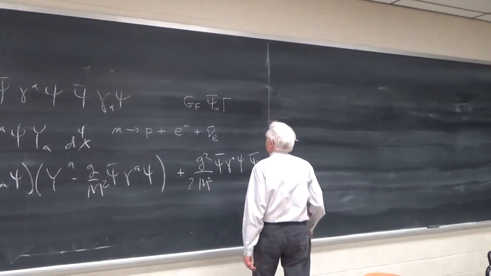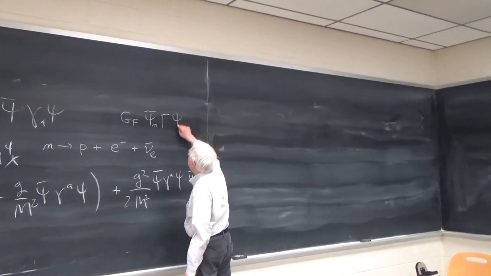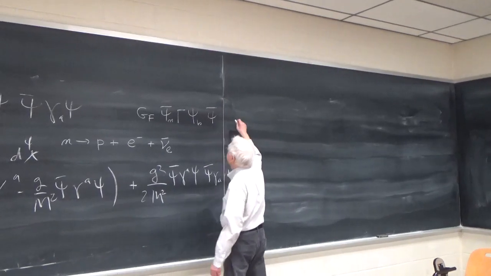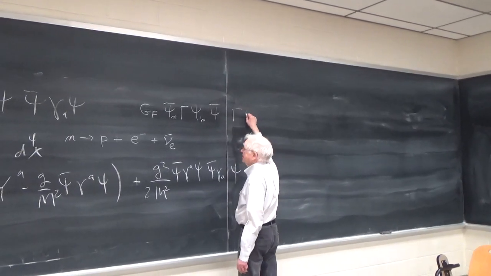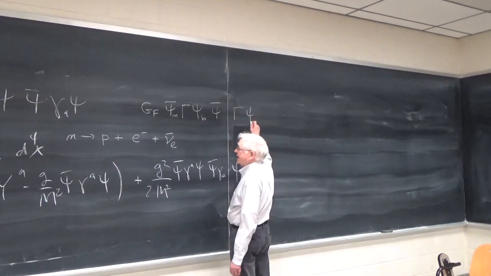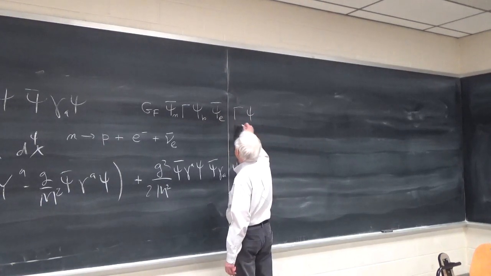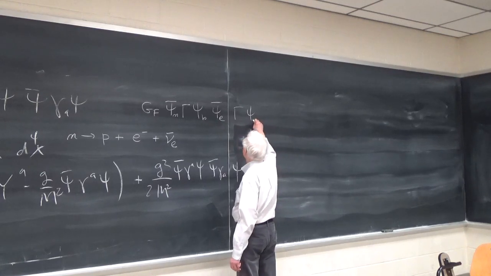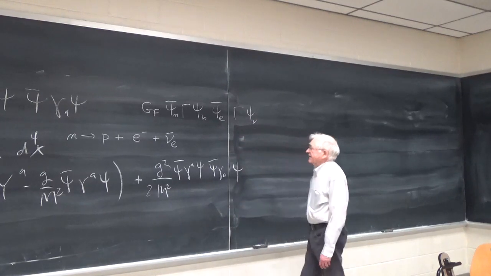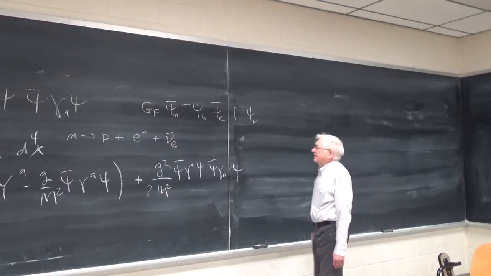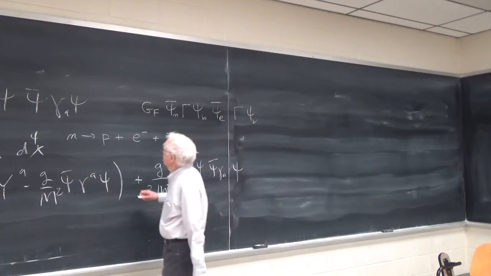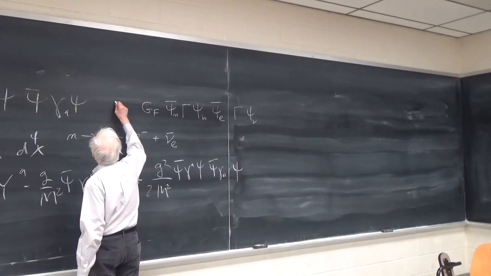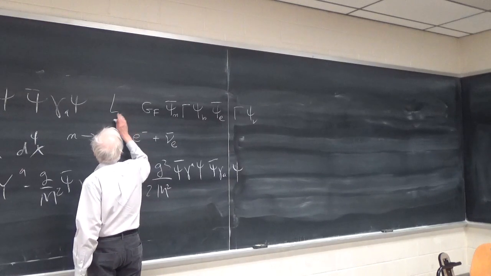So he called that a gamma, and this would be psi proton and psi bar gamma. Let's see, we're creating an electron, and we're annihilating, all right. So it looked like that. So that was the model of the weak interactions, so let me just call this L weak, or L Fermi.